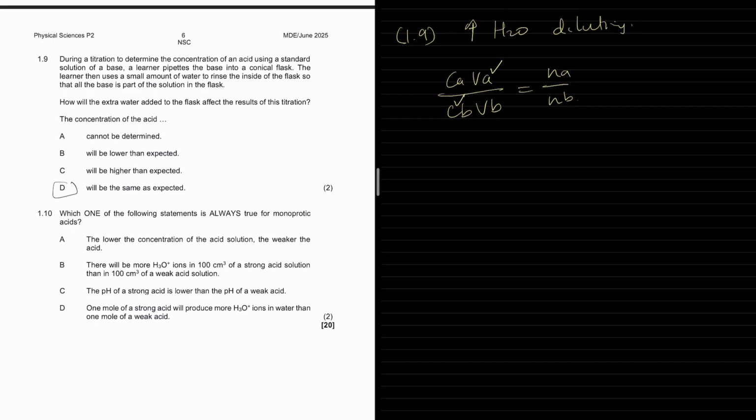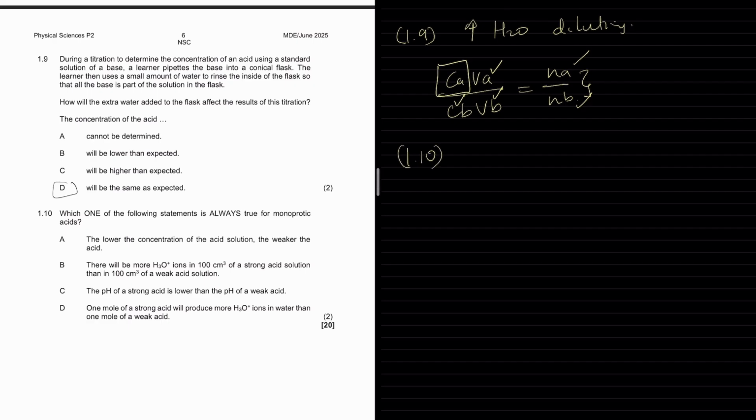They know the concentration of the base since it's a standard solution. They know the volume of the base since they used the pipette to dispense the base. They know the number of moles of acid. They know the number of moles of base. So they can easily calculate the concentration of the acid. The water plays no part in it. So the answer there is D.